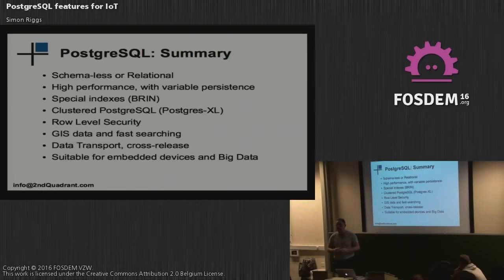A last point is that many people like Postgres because the BSD style license means you've got the capability to install it on devices and not worry too much that somebody's going to be chasing you with some copyright infringement or some sort of babble about GPL or whatever. So it's particularly suitable for embedded devices as well as big data. So that's Postgres. I hope I've given you a good flavour of that specifically for the Internet of Things.